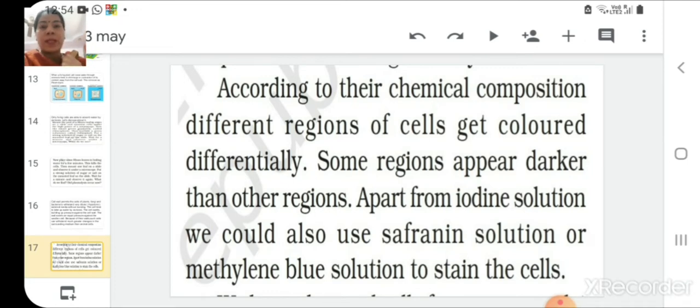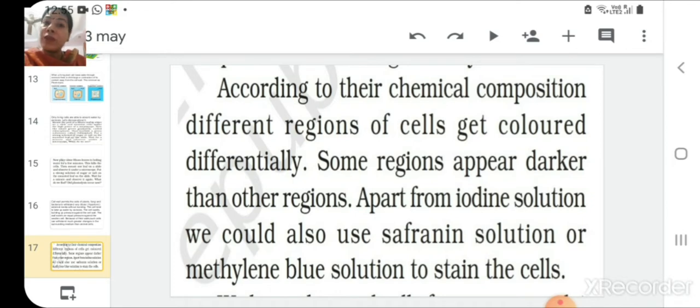For example, if you want to visualize the nucleus, we will have different types of stain which will specifically attach or bind to the nucleus and highlight the nucleus in the cell. So when you observe a cell under a compound microscope, your observation will be very clear. It will be very easy for you to focus your attention on the nucleus and to study its structural composition or other things related to the nucleus.